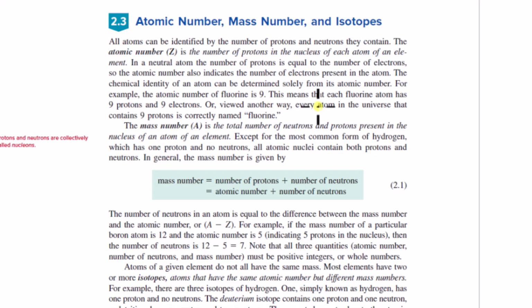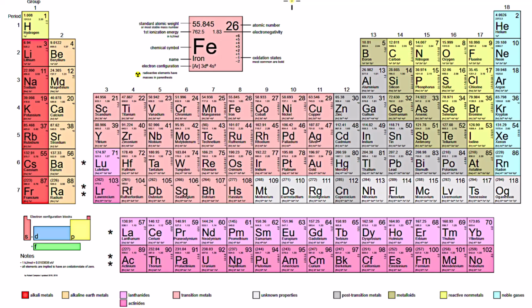Okay, now, so you can see it says every atom in the universe that contains 9 protons in the nucleus is correctly named fluorine. So, of all of this information here, these characteristics shown in the periodic table about a given element, arguably the most important is the atomic number.